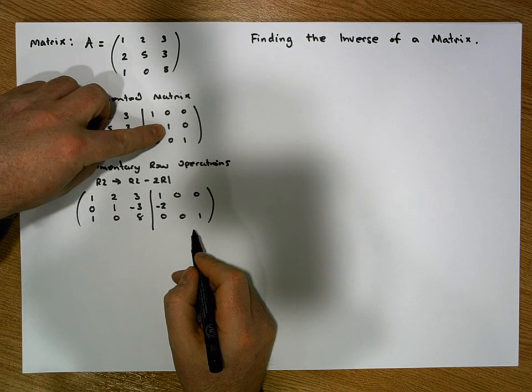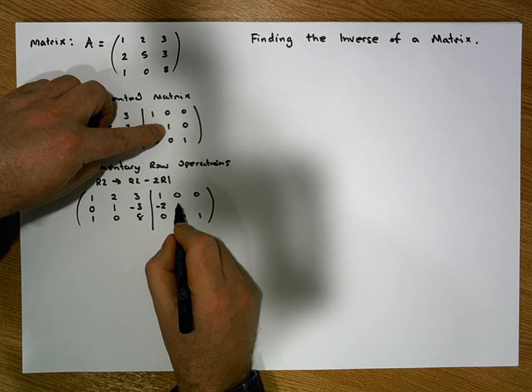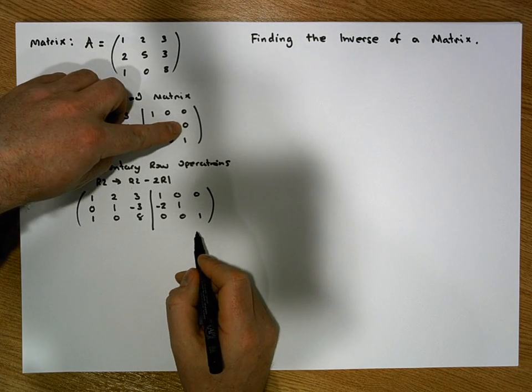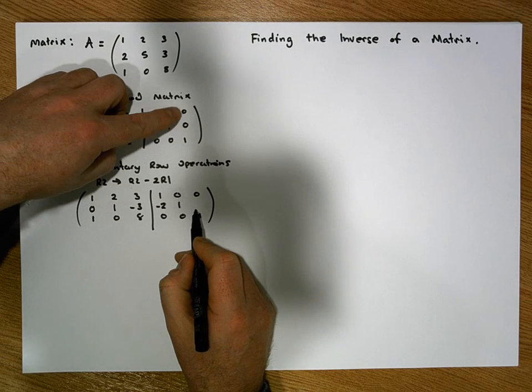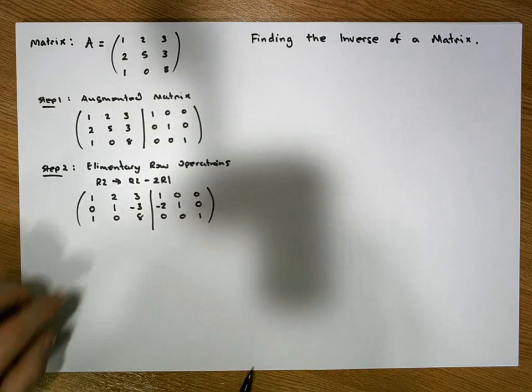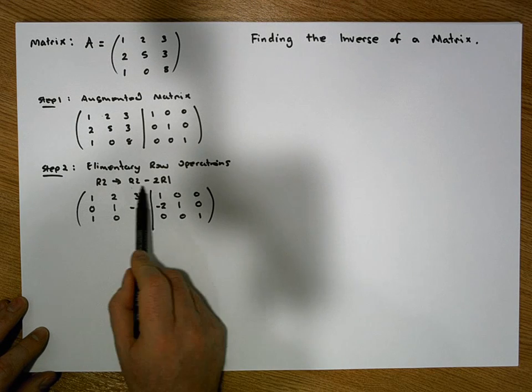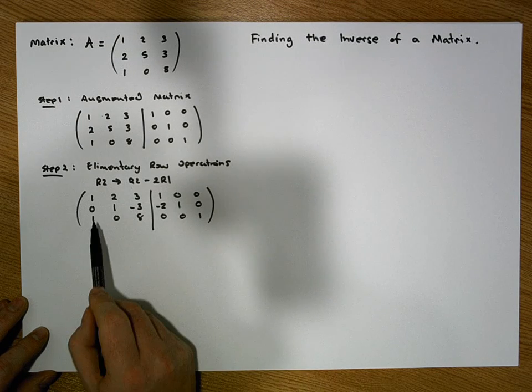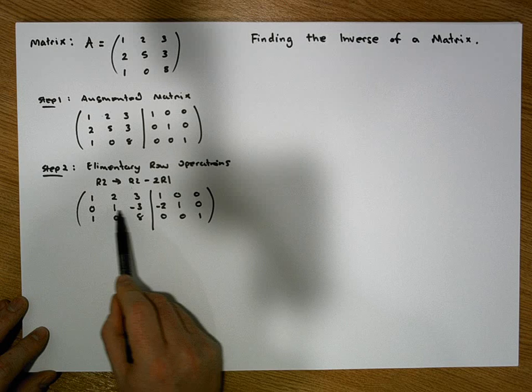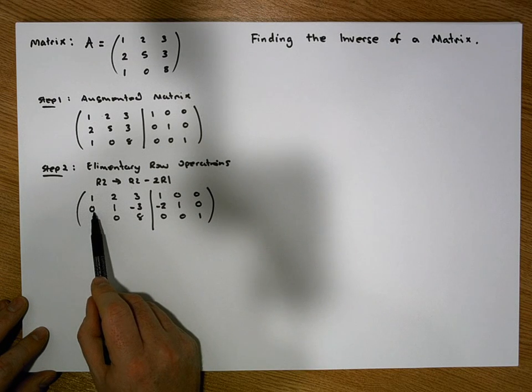The next value is 1 minus twice 0 gives us a 1. The next value is 0 minus twice 0 gives us a 0. So what we've done here is we've managed through an elementary row operation to reduce the first entry on the second row to be a 0.